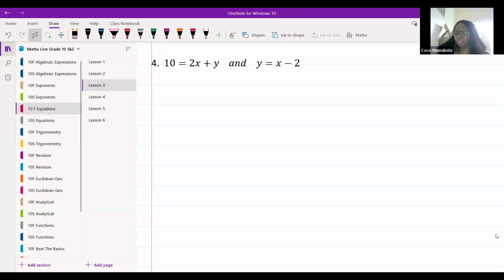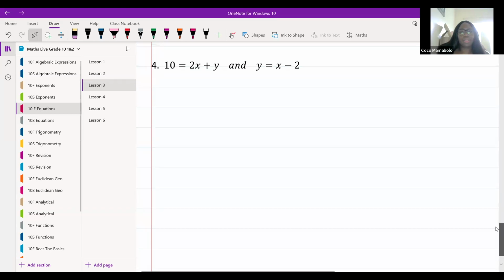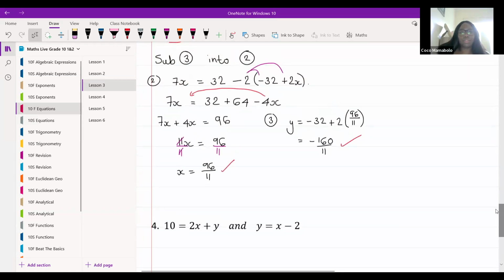Ma'am, can I ask a question? Yes. For the previous equation that we did, I got 192 over 11, but the others got 160 over 11. Okay, how did you put it into your calculator? Tell me what you wrote exactly on your calculator screen. I calculated 2 times 96 over 11, which gave me 192 over 11.